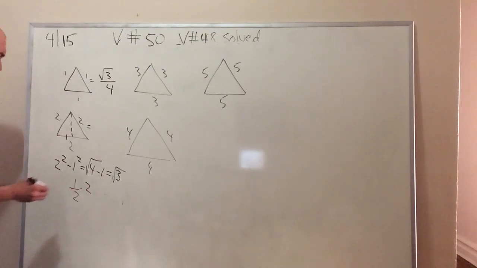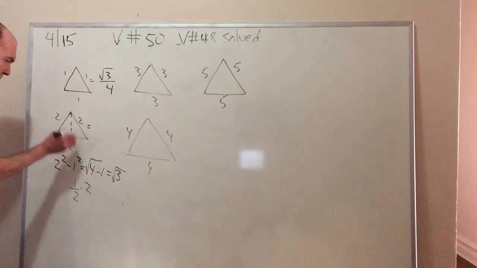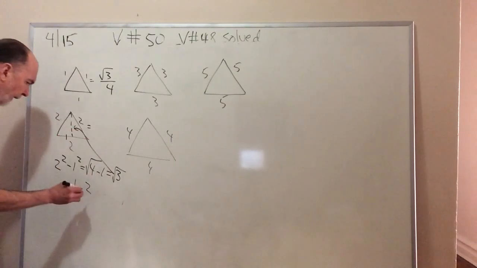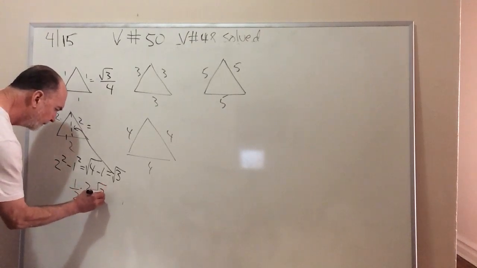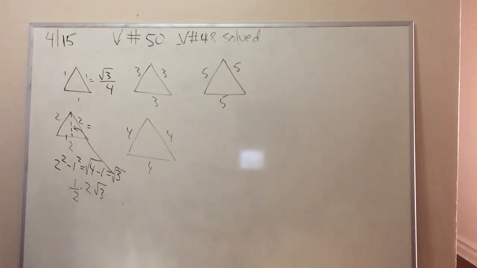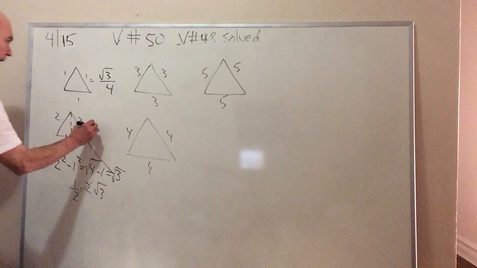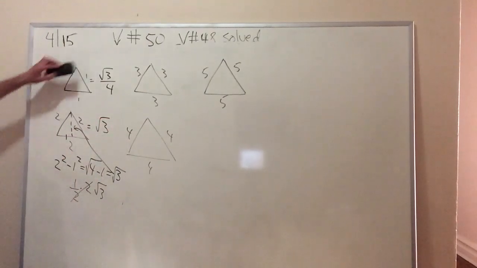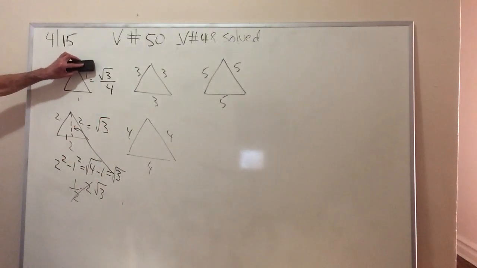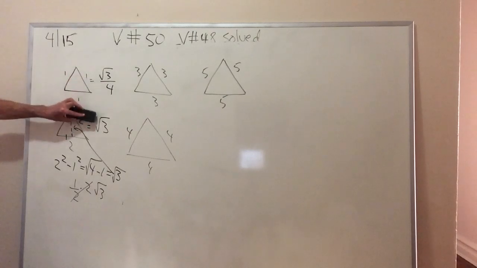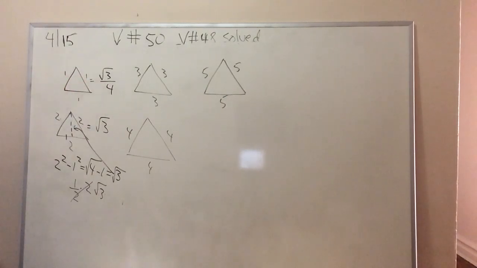I'm looking at the area now, not just the height. There's the height, radical 3, times radical 3. Okay? And so when I do that, I get radical 3. The radical 3, by the way, is never going to go away. So I got radical 3 over 4, and then radical 3. Let's try 3 and see what happens.